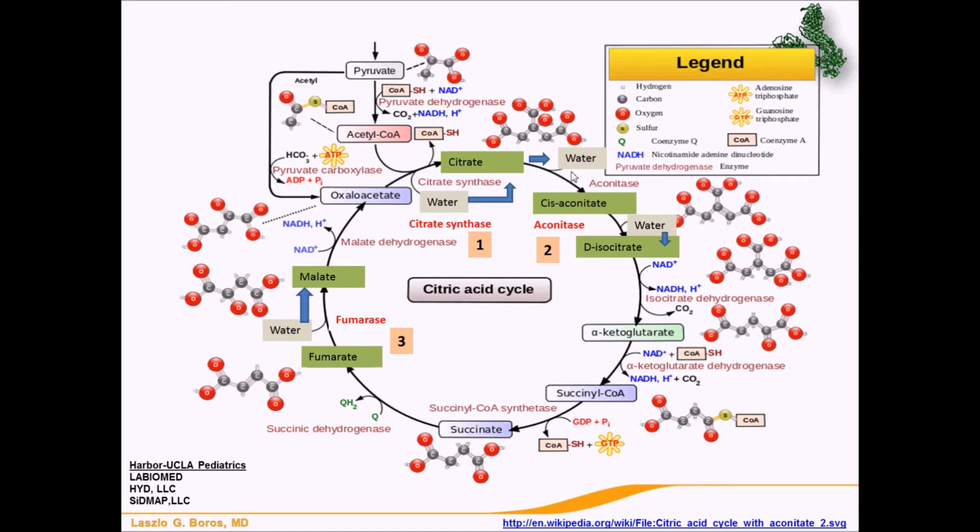Then water is exchanged. Aconitase is adding another water molecule from the matrix. It's called aconic acid hydratase. And fumarate hydratase, which is fumarase, which actually resulted in the Nobel Prize in 1937 for Albert Szent-Györgyi, hydrates fumaric acid to form malic acid.